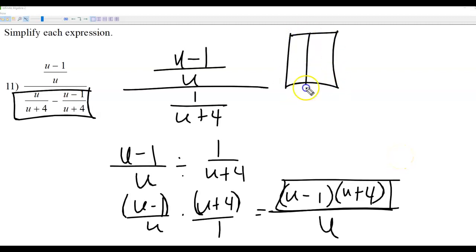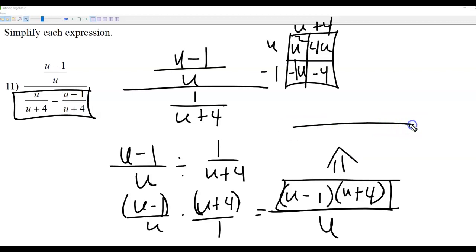Let's see, we have u minus 1 and u plus 4. So, write that out.